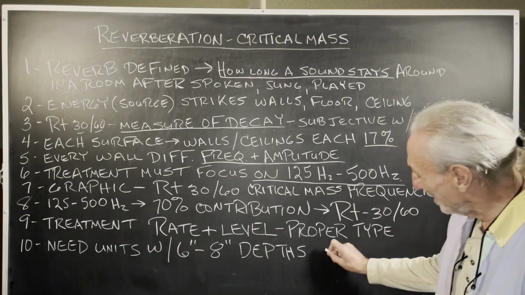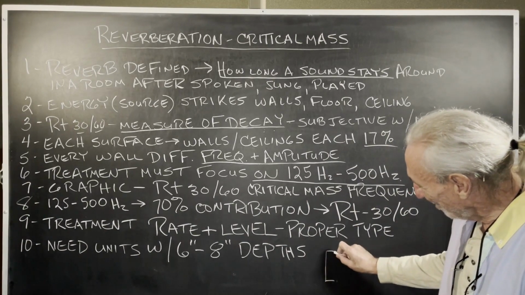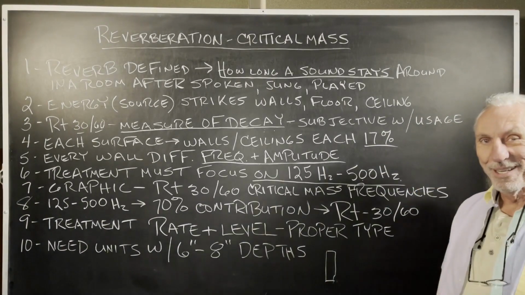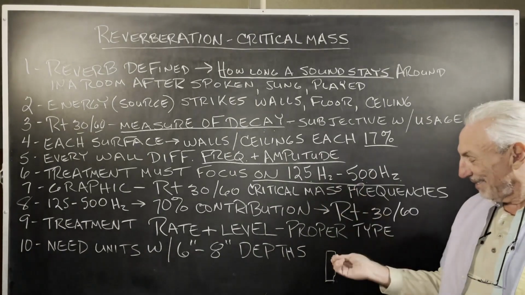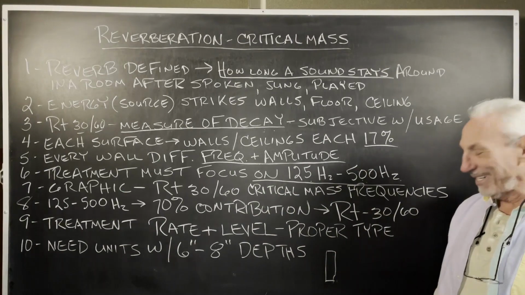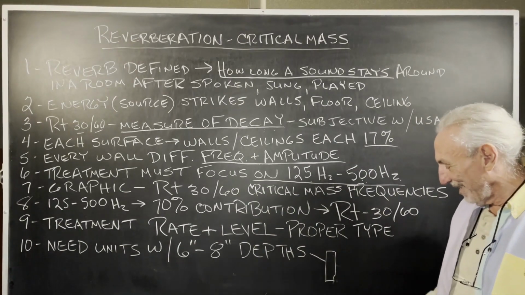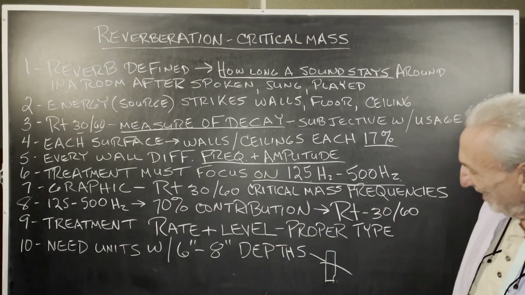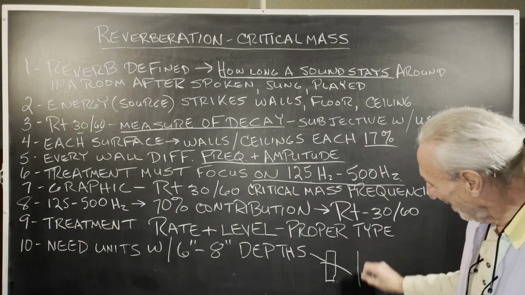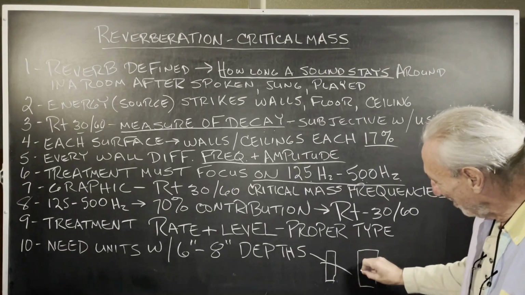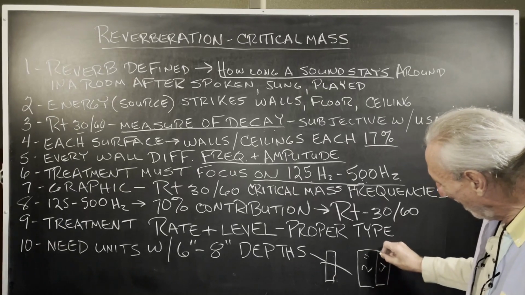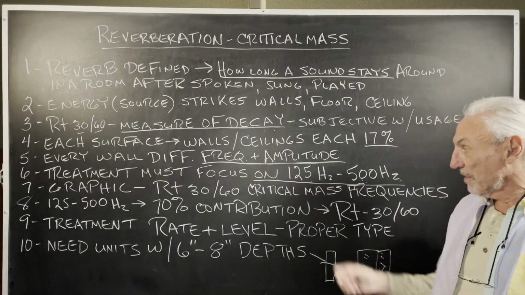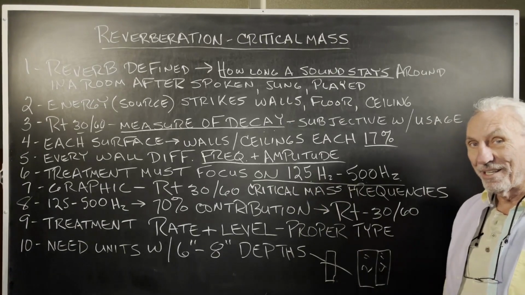So when you start seeing treatment that's 1 inch thick, and you've got this as your problem, these don't go together. It's not going to happen. At 125, you need at least 2 inches. It's better, more like 4, because you want to get a lot of this.